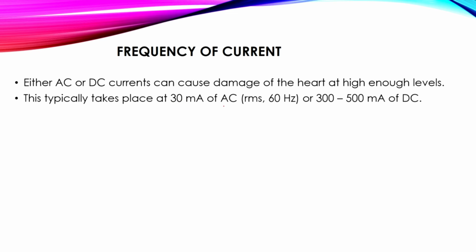Because for AC, we need 30 milliampere as an RMS value at 60 Hz, but for DC, we need 300 to 500 milliampere of DC current to produce the same effect as the 30 milliampere of AC. So you will find that AC is more dangerous than DC.